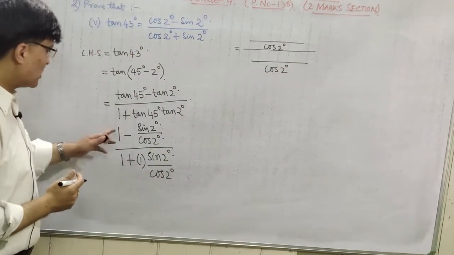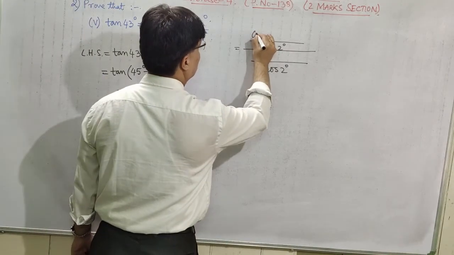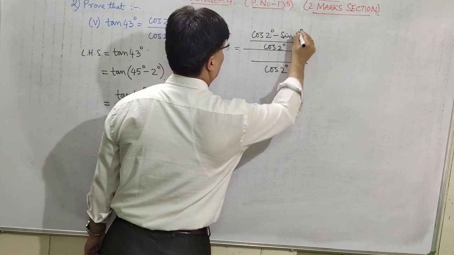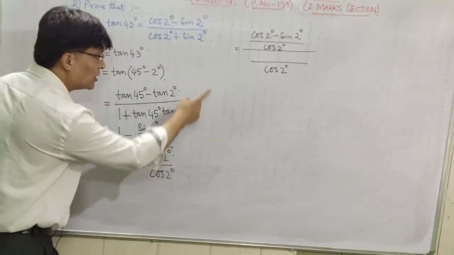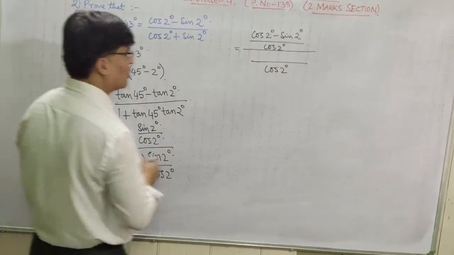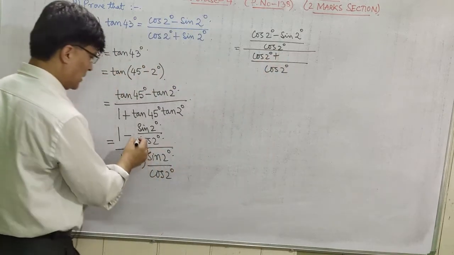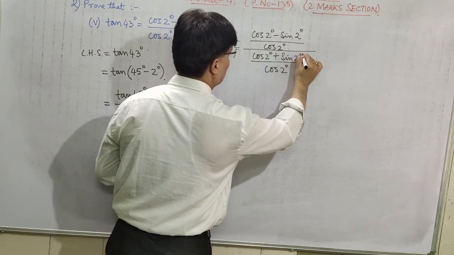So what is there in the numerator now? Here the LCM is cos 2 degree. So cos 2 degree into 1 is cos 2 degree, minus sin 2 degree. And in the denominator, cos 2 degree is the LCM. Cos 2 degree into 1 is cos 2 degree, plus 1 into sin 2 degree, it is sin 2 degree.